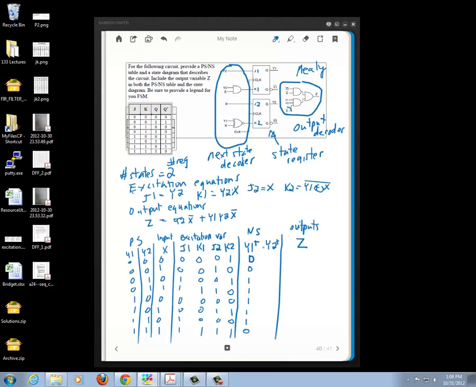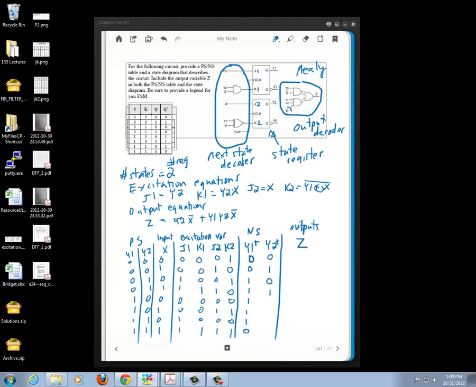Now Y2 is going to be dependent on the J2, K2 variables and the present state Y2. So now J2 is 0, K2 is 1, which is a clear, so Y2 next state is going to be 0. J2 is a 1, which is a set. K2 is a 1, which is a clear. J2 is a 1, which is a set.